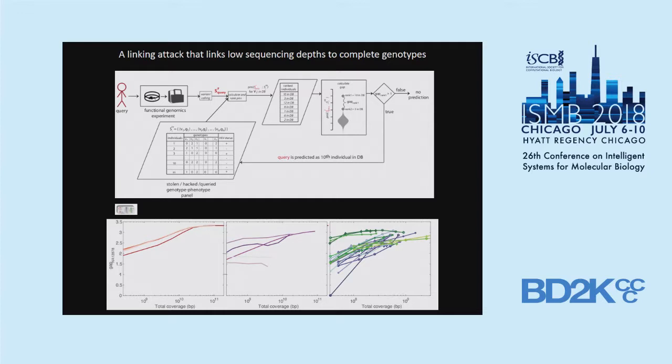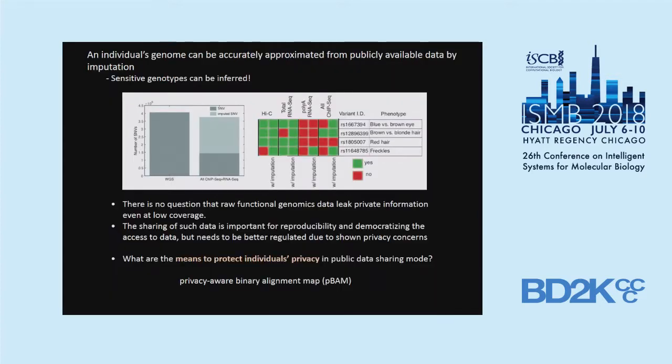So what if the individual is not in that database? Can you actually tell anything about the individual by just looking at the variants from these low depth experiments? So what we did is we put together all the publicly available ChIP-seq and RNA-seq data, all the sequences together, and then we did genotyping on them. Here's the dark blue part. And then on top of that, we use the population linkage disequilibrium structure to impute variants.